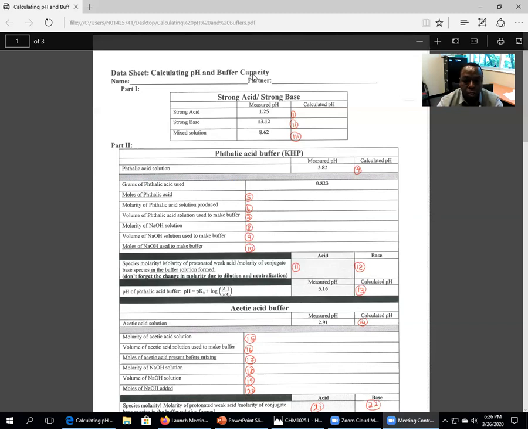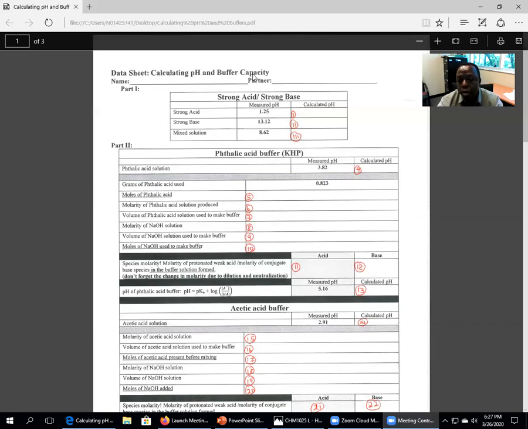It's not that it will resist change in pH forever. No, at some point it will no longer resist pH change, and at that point we say that we are beyond the buffer capacity of that solution.